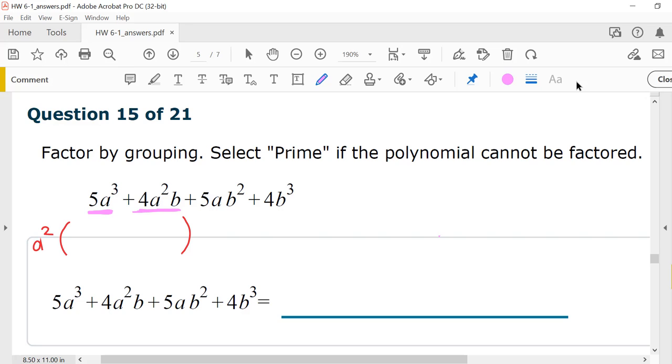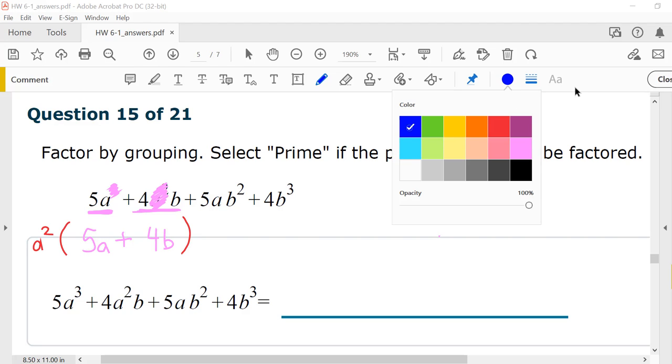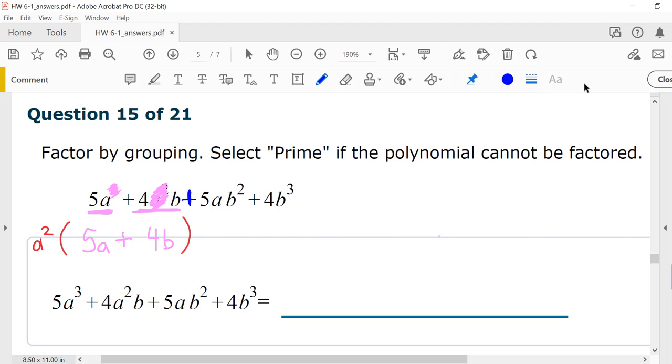If I pull out an a squared, that becomes a to the 1. So I have 5a plus, okay, I'm going to pull out an a squared, so this goes away. 5a plus 4b. Okay, you see the plus. I'm going to leave that plus there.